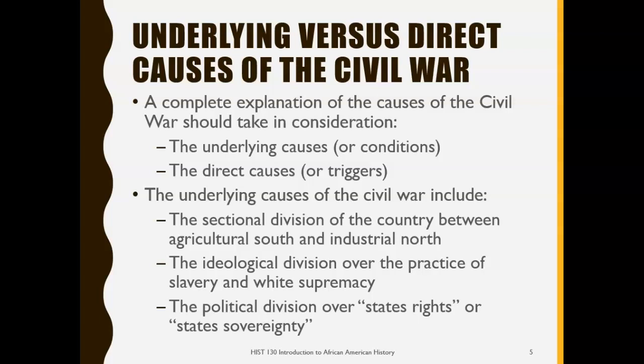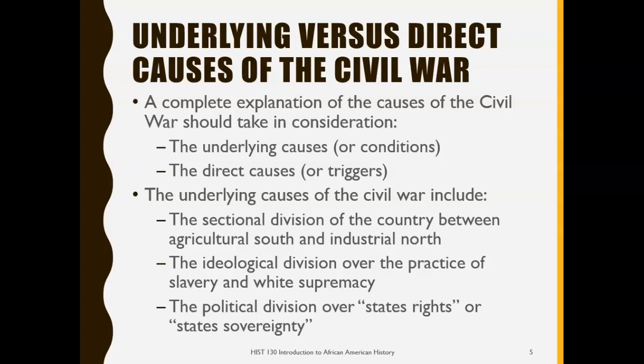So that's one division. The other division has to do with the ideology, which means people's opinion about the practice of slavery, and also about the supremacy of one race. So the people in the North tend not to believe in slavery, and also did not really believe in white supremacy, whereas the people in the South practiced slavery and believed totally in white supremacy.